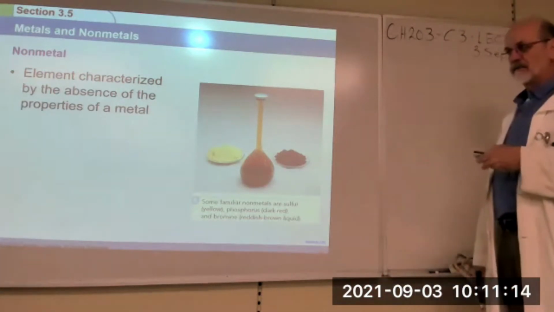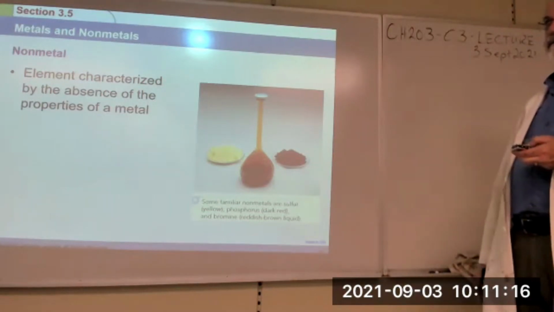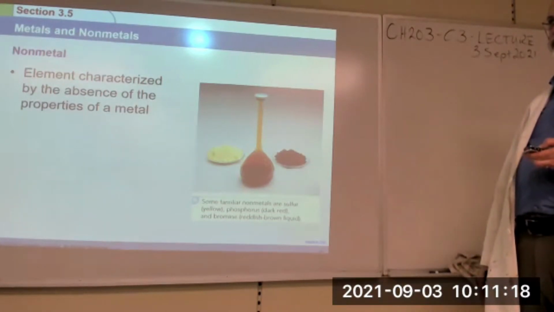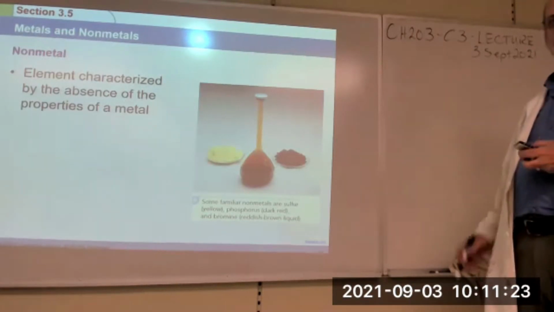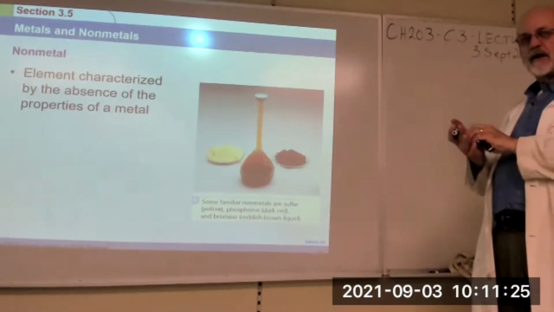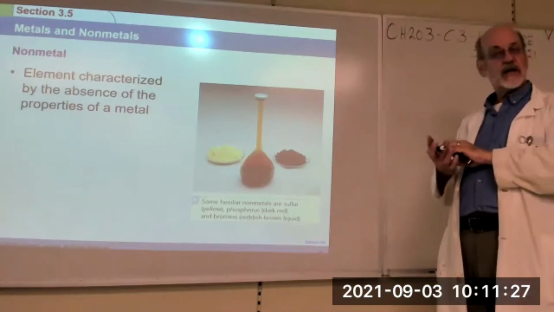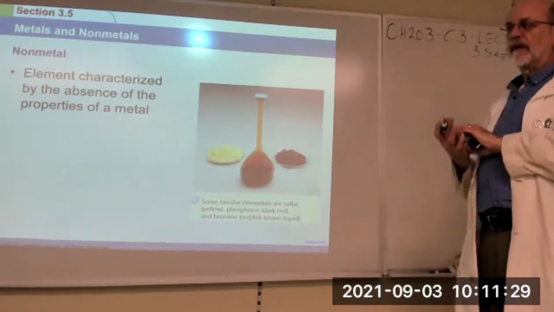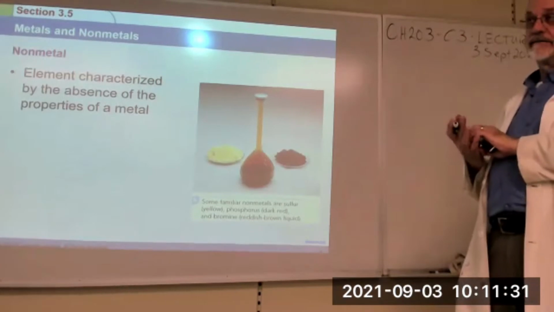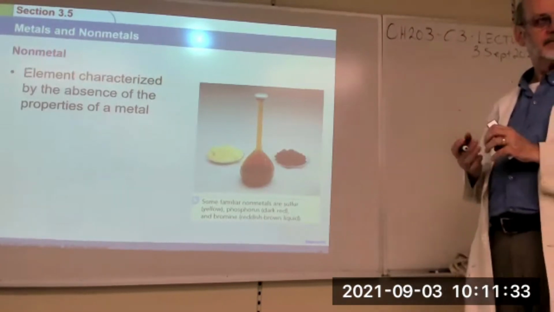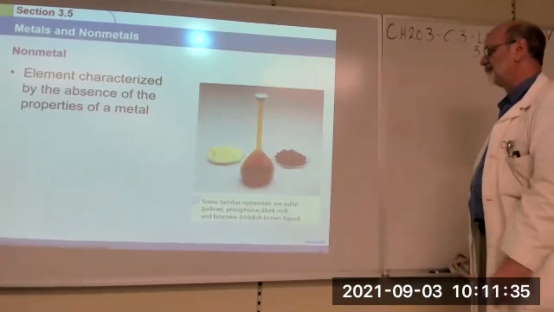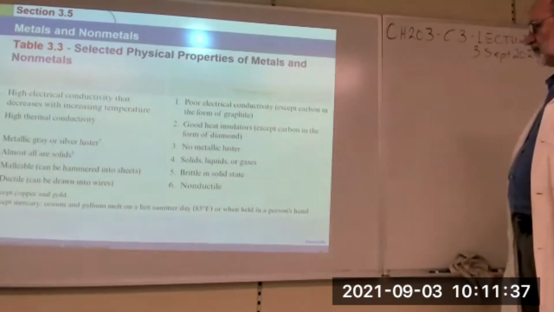But these will occur in solids or liquids or gases, all three forms. They don't conduct electricity, they don't conduct heat very well. They're not shiny. They're brittle. Solids are brittle. Okay.